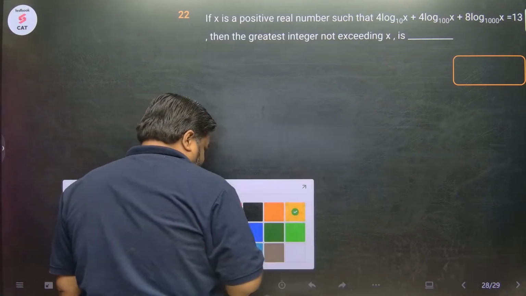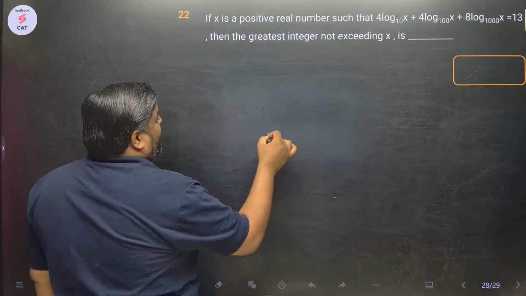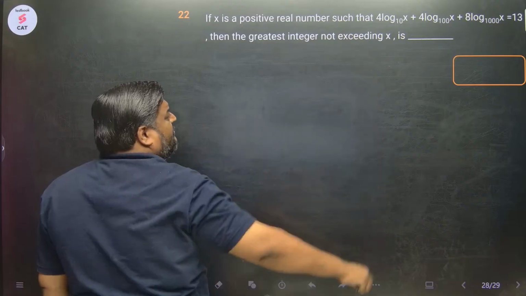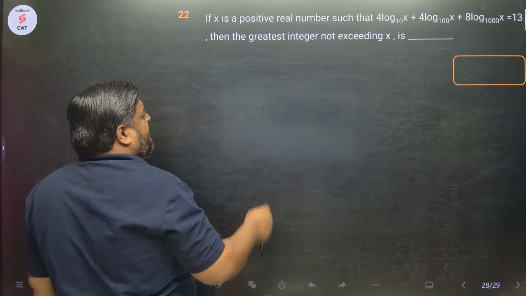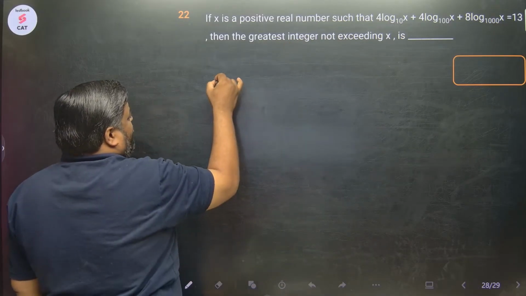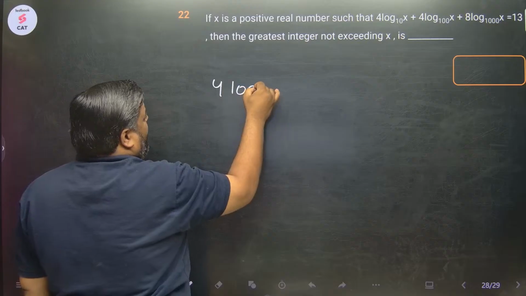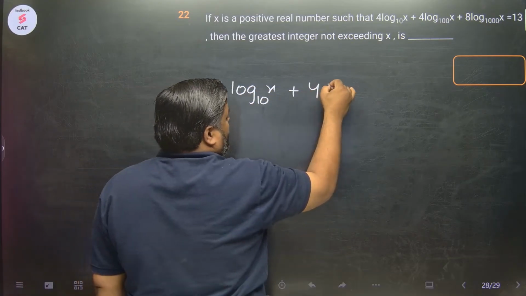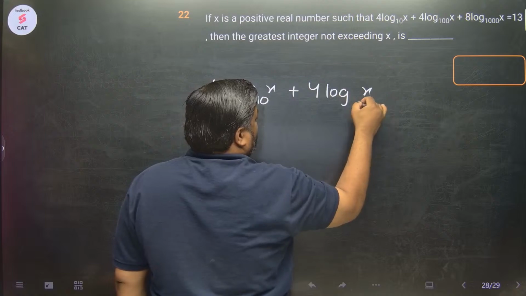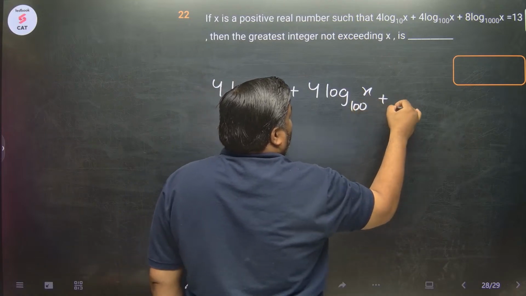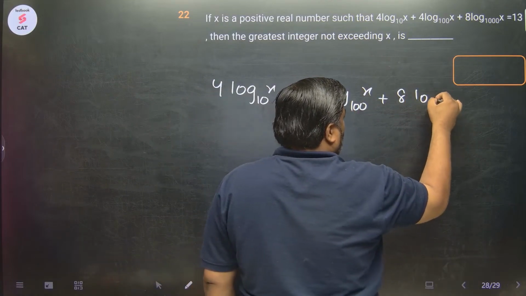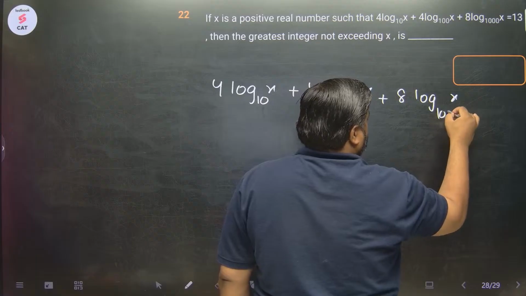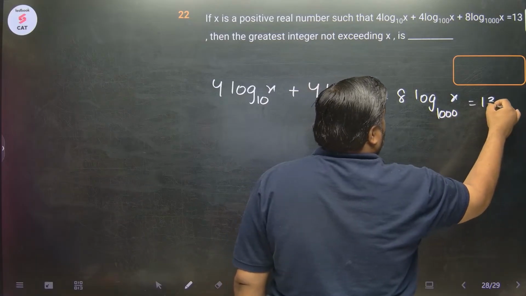This question is on the basics of log and its standard properties. So 4 log x to the base 10 plus 4 log x to the base 100 plus 8 log x to the base 1000 equals 13.